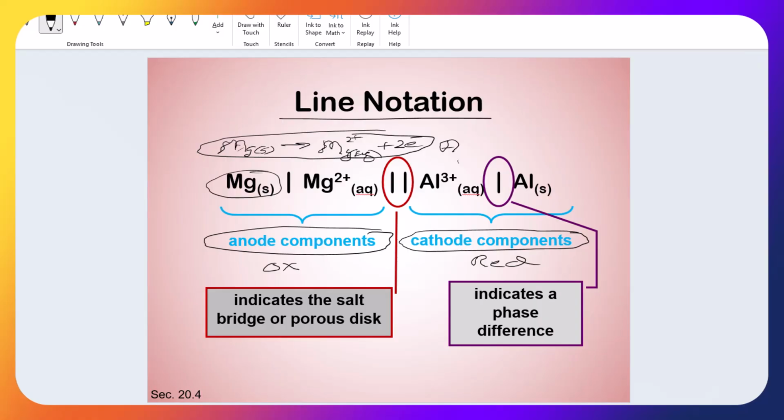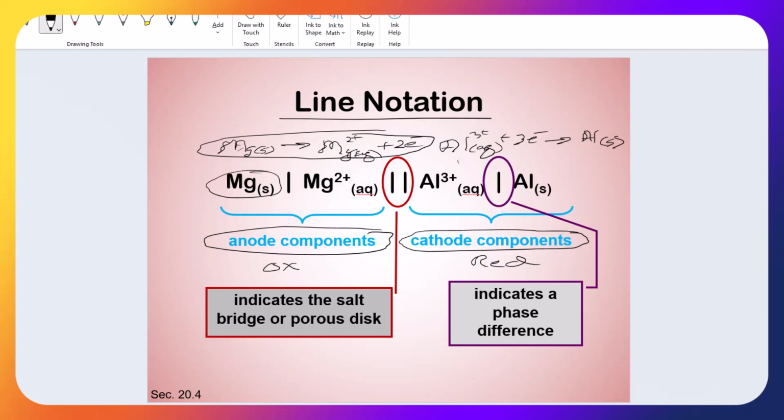That would be aluminum 3+ aqueous, and this is reduction, so the electrons go on the reactant side, and that's producing aluminum metal, and it is a solid.